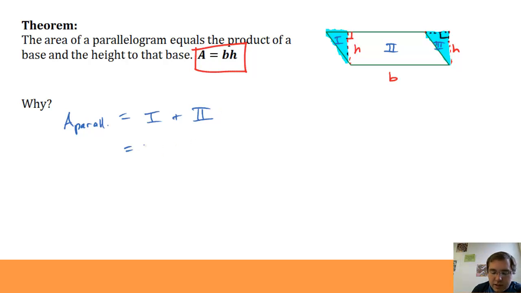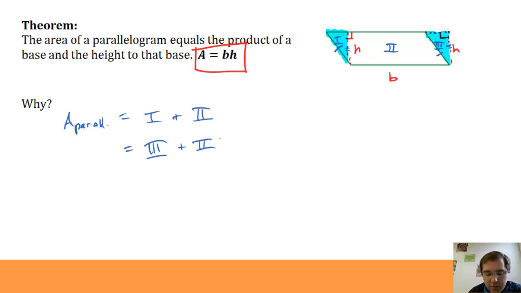But I can show, because those two triangles are congruent, which I could do either by hypotenuse leg, because the hypotenuses would have to be congruent, and these heights would have to be congruent, or I could do it with angle side if I wanted to, with the parallel lines finding me some angles that were congruent. Those two triangles are congruent, so that means area 3 is going to be equal to area 1.